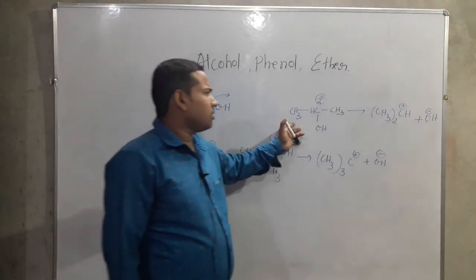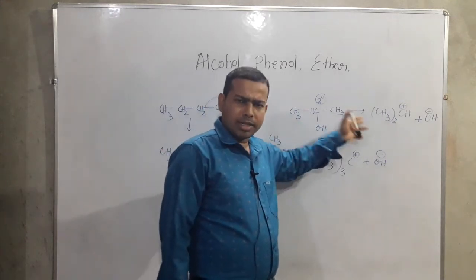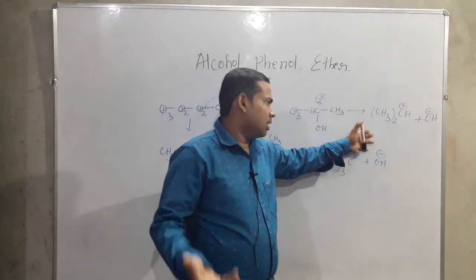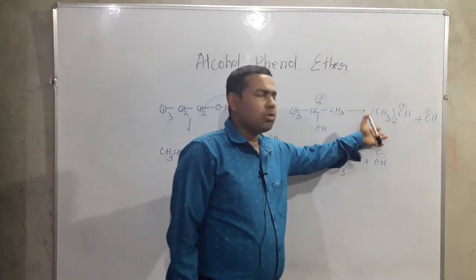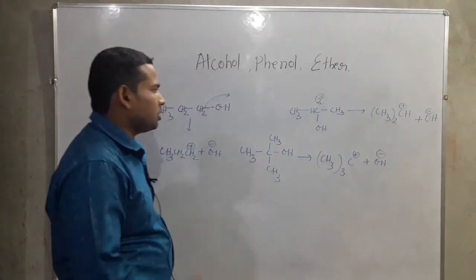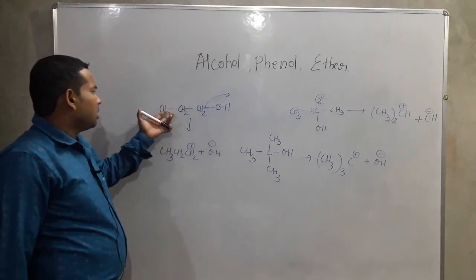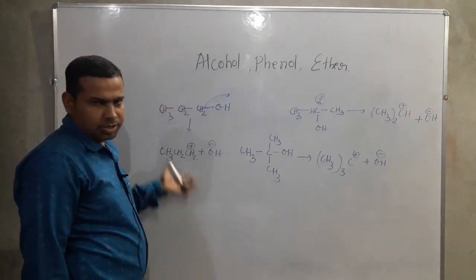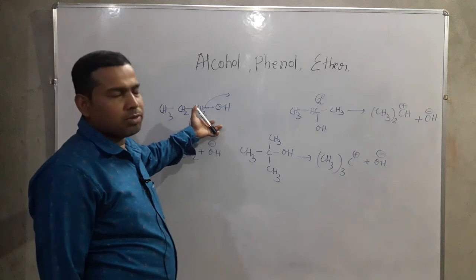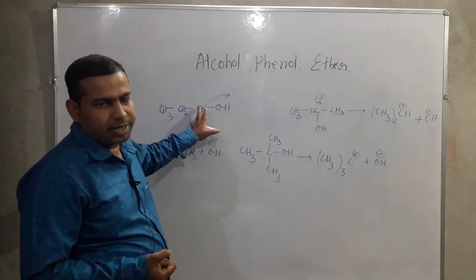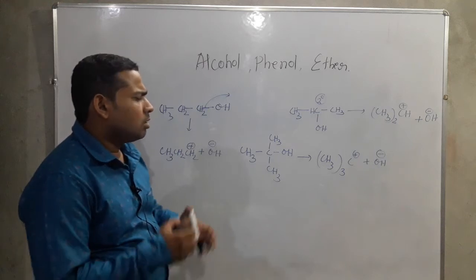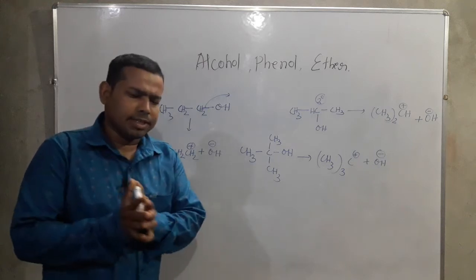Similarly, secondary alcohol easily shifts into the secondary cation, because the secondary cation is also stable after the tertiary cation. So secondary alcohol also produces OH minus. That's why this one is basic in nature. CH3CH2OH or CH3CH2CH2OH, that is primary alcohol, also dissociates and forms OH minus. So this one also forms a cation. Clear? So alcohol is generally basic in nature.